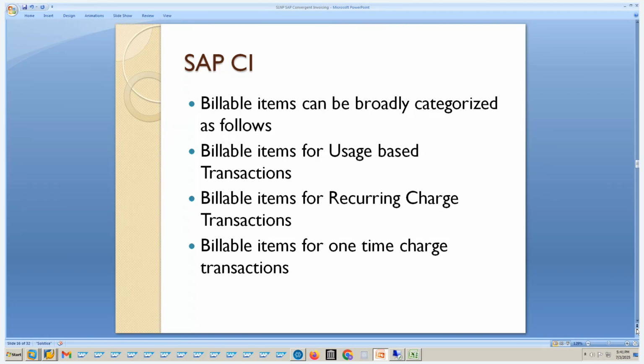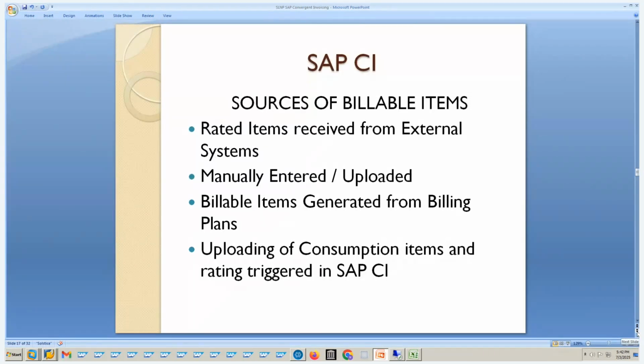The subscriber has to pay some amount for one-time activation. It's a one-time event. A recurring charge is something that you do on a periodical basis based on the billing cycle. A usage-based transaction is what usages happened over a period of time. That is what we are going to bill. Okay, so this is a basic difference between SD billing, utility billing and SAP CI billing.